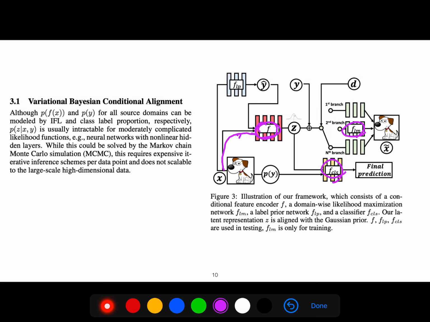And our latent representation Z, this latent representation that you see as a Gaussian here, is aligned with the Gaussian prior.